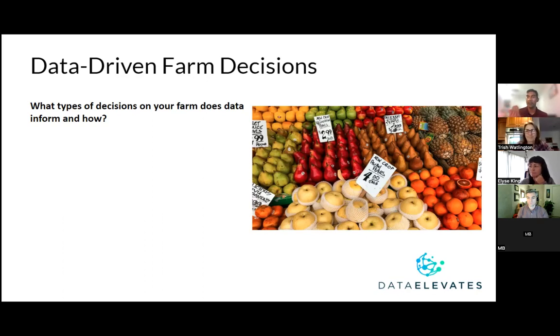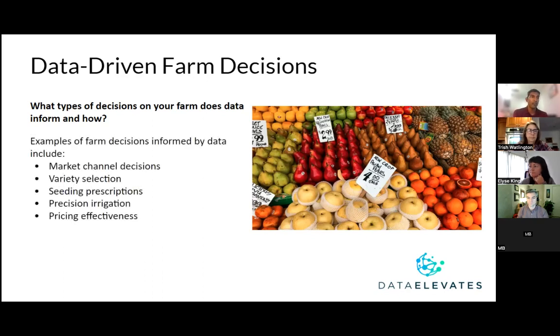There's only certain amounts of it we can actually use, so we have to be selective on the data we're collecting to then inform decisions. Yeah, so we've gone over most of these, and I think through the chat as well, but there's millions of examples: market channel decisions, varieties, seeding, irrigation, effectiveness of pricing. I mean, this list could go on forever, but those are some great examples, everyone.